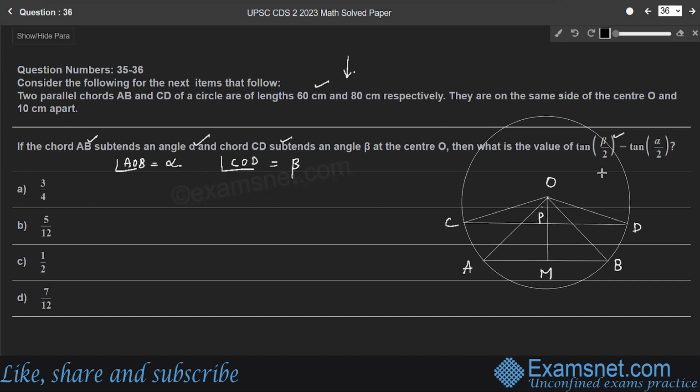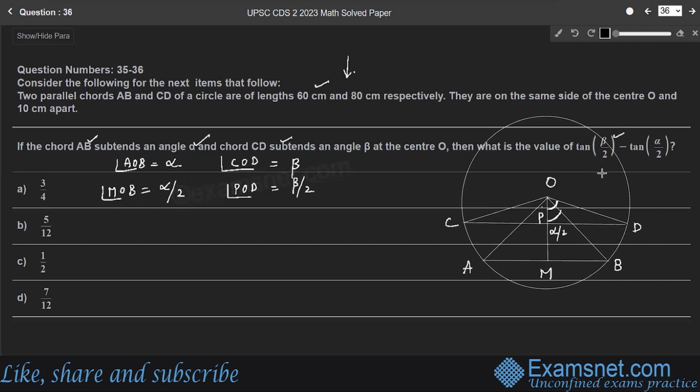So consider angle POD, this angle which I am showing here, which is beta by 2. And alpha by 2 is nothing but angle MOB. Angle MOB is alpha by 2.